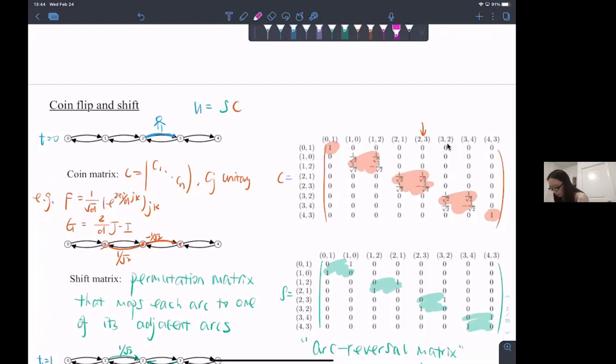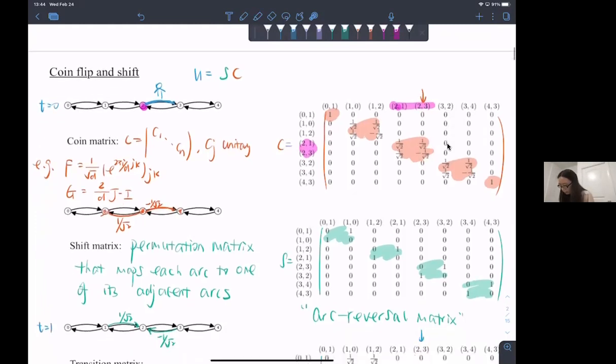For example, because we are starting with vertex 2, effectively we are only applying this block to a (0,1) vector. After he tosses a coin, he moves from the arc (2,3) to a linear combination of two arcs, (2,1) and (2,3). The coefficient of that state is determined by these two. So that is the state after the coin flip.